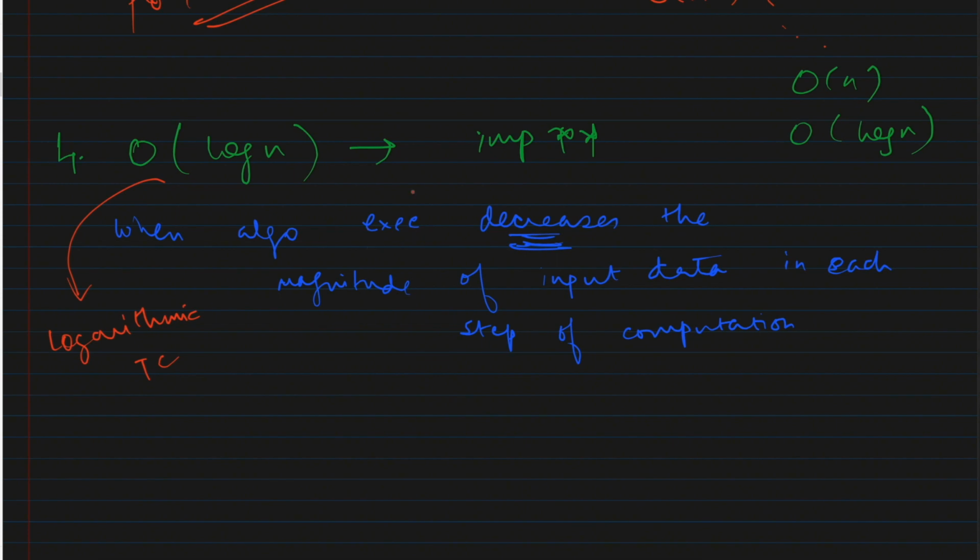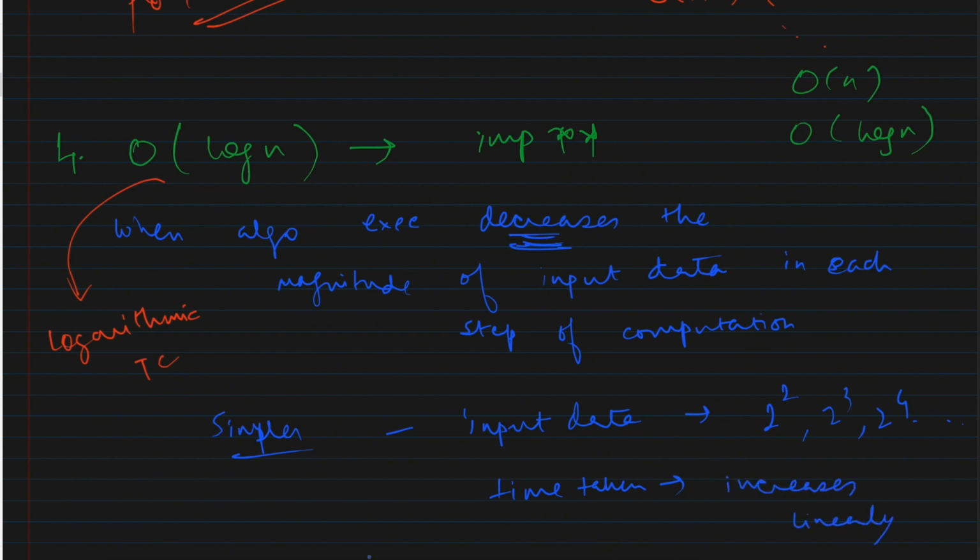So when algorithm execution decreases the magnitude of input data in every step of the comparison, in simpler words, let's say I have my input data which is increasing rapidly, like 2 square, 2 cube, 2 to the power 4, like this, but the time taken is increasing linearly.